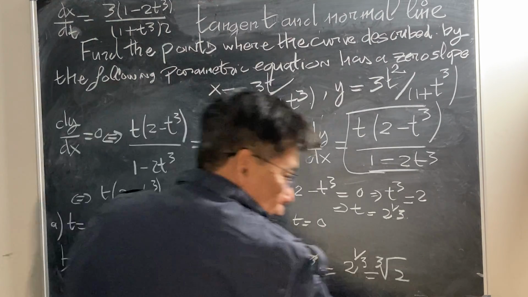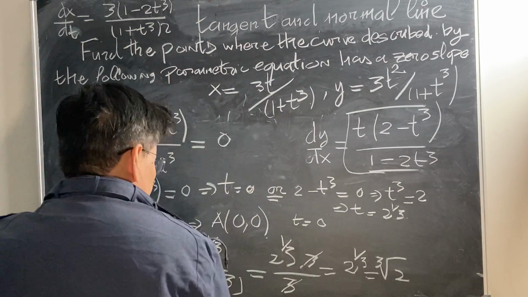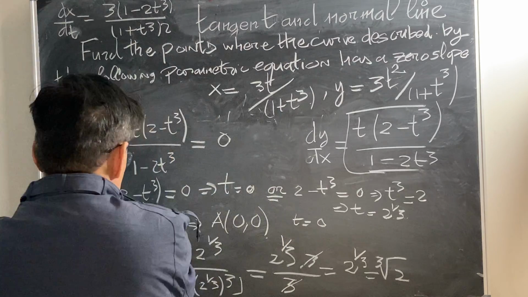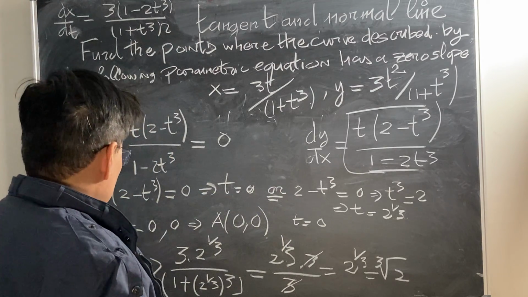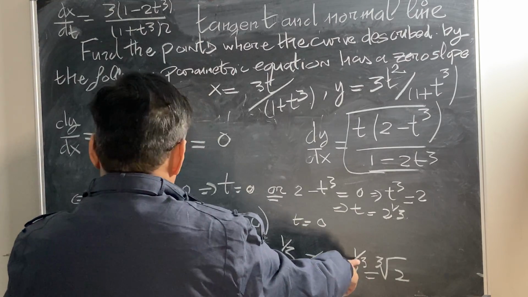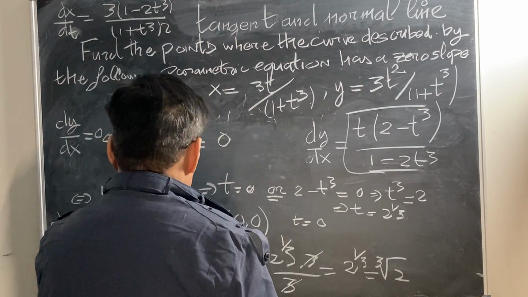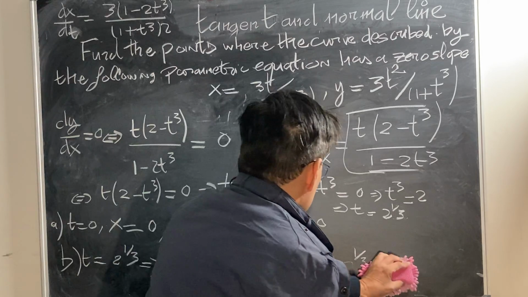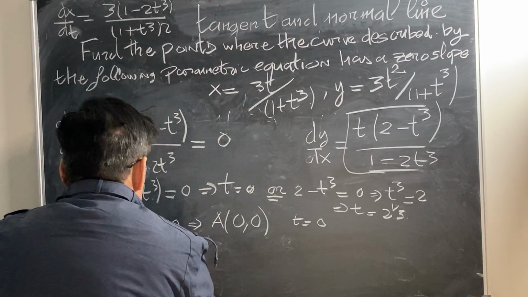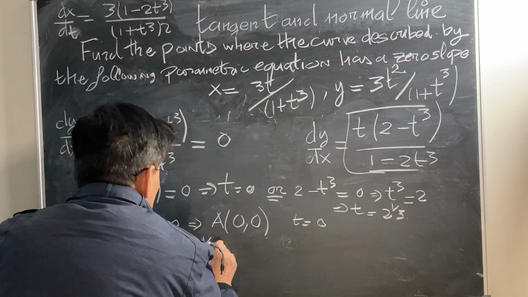Okay, I'm out of space, so we know that at the second point, t equals 2 to the 1/3, then x equals 2 to the 1/3.